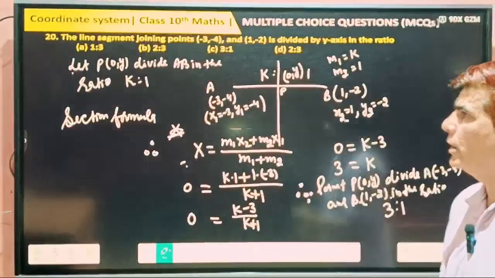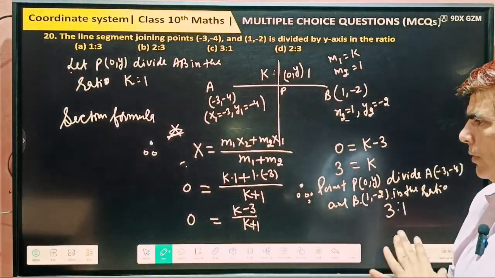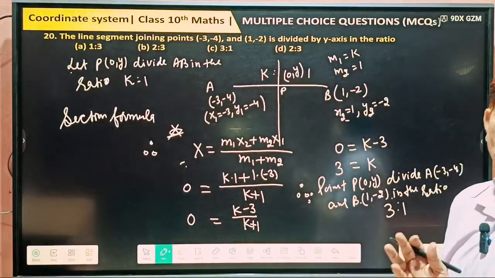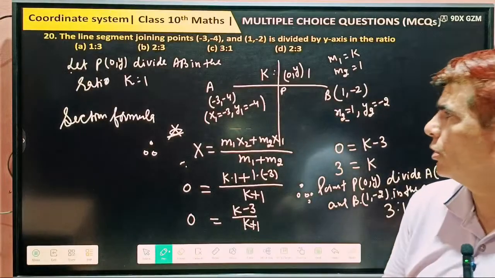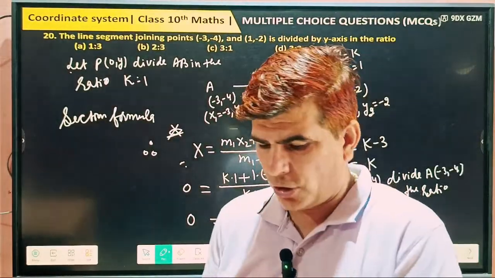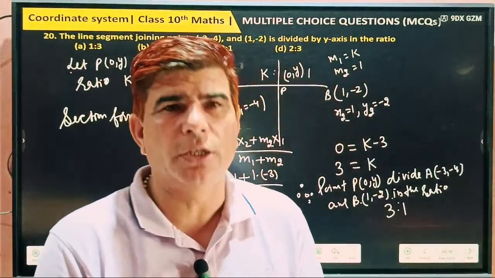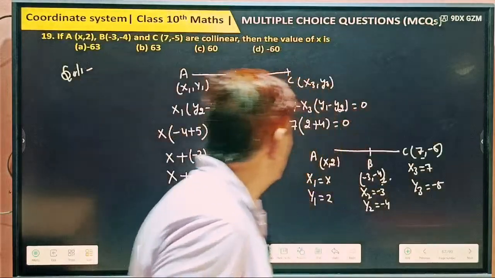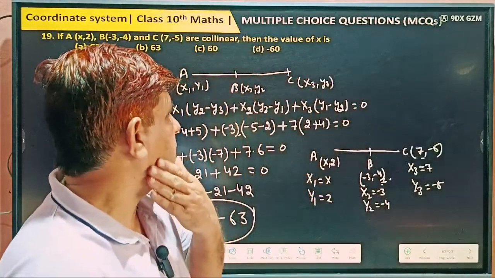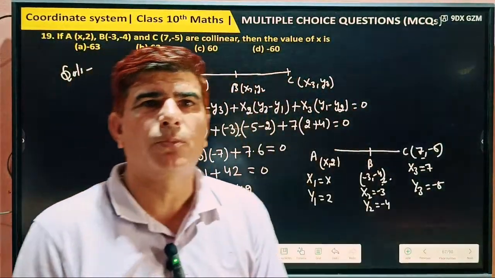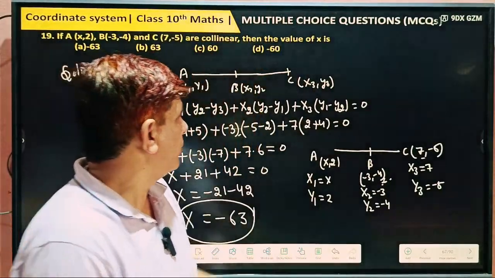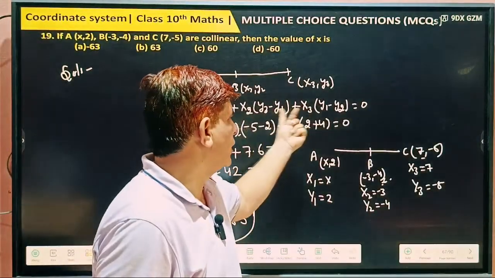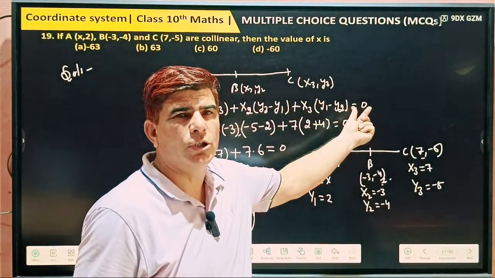We have solved 20 questions. We will try to solve more questions tomorrow. You can solve these. Some questions are very important. The previous question we can solve by another method also, and this is the formula for when points are collinear, and if points are not collinear, then this is not equal to 0.